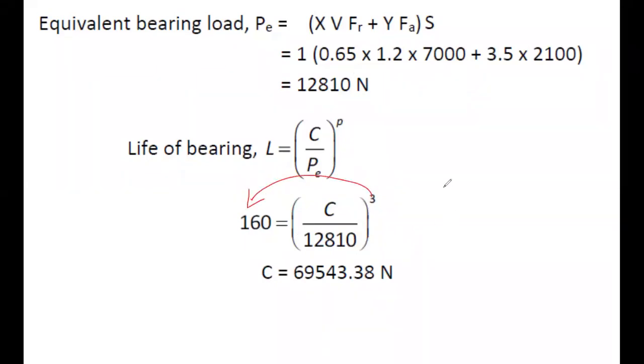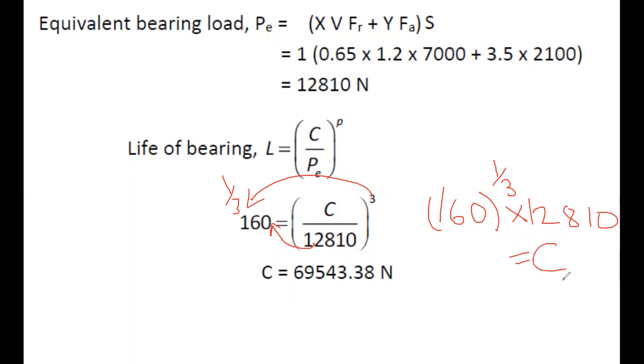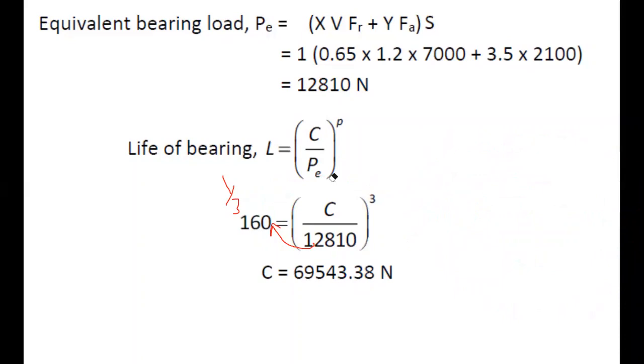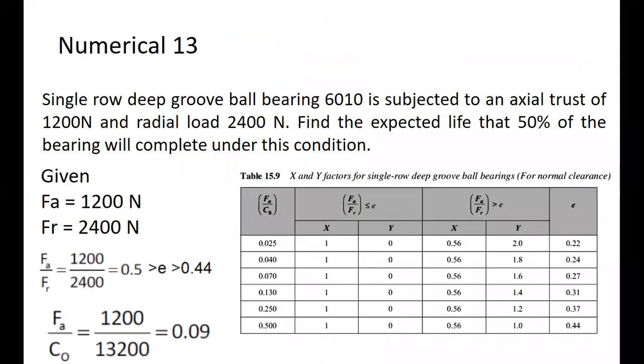When this 3 goes to this side, the calculation will be 160 raised to 1 by 3, multiplied by 12810, is equal to C. Once you do this calculation, you will get the answer as 69543.38 Newton.